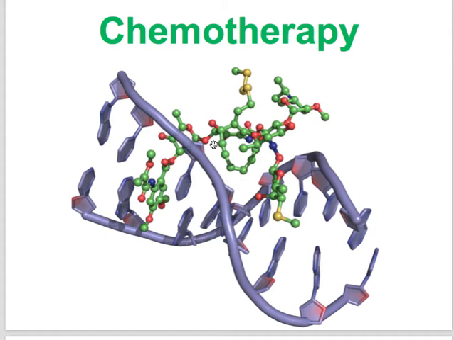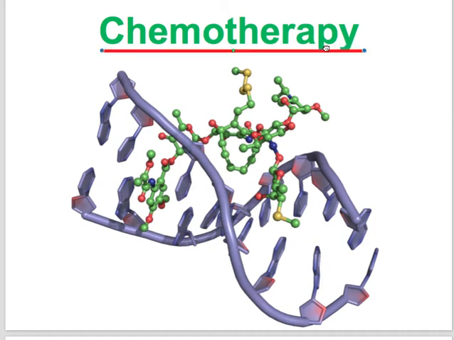Let's go into how we basically try and change this. Sometimes we send in things that will bind to DNA and prevent it from having that good structure. If you prevent that, you can basically rupture DNA, and if you lose DNA this aggressively, you can lose the cell.